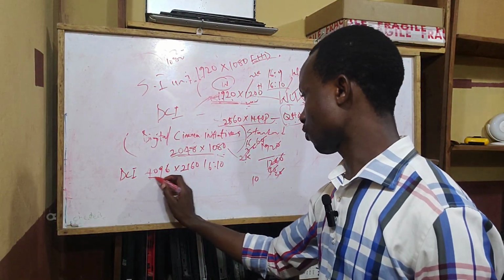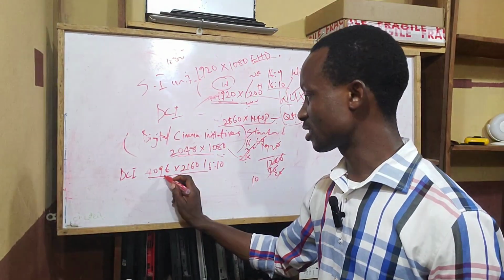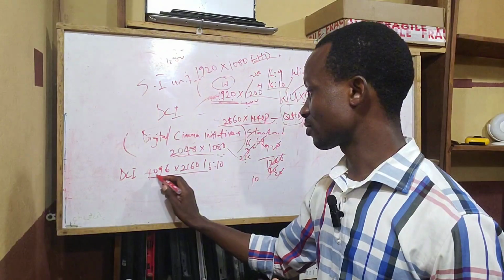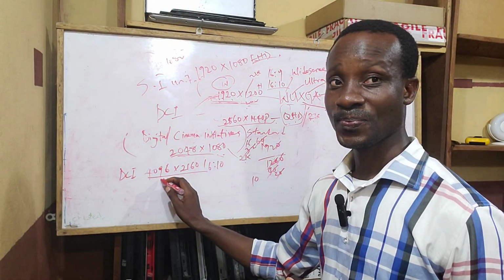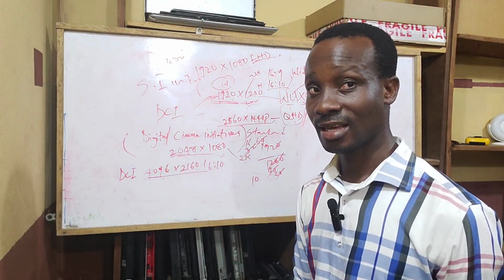DCI says that this is 4K. Why? Remember, the width is used to determine that it is more than 4000. So this is 4096 pixels. So this is 4K according to DCI.